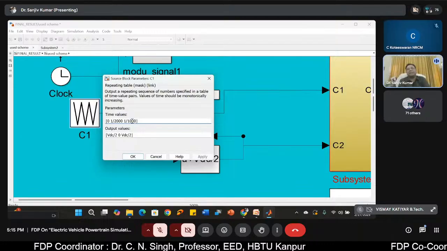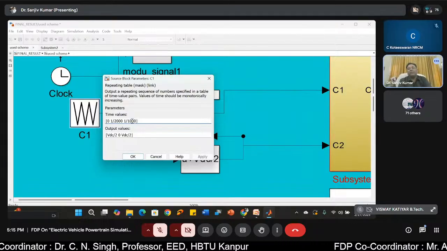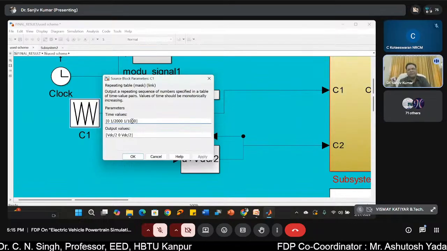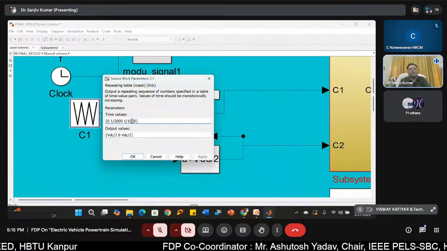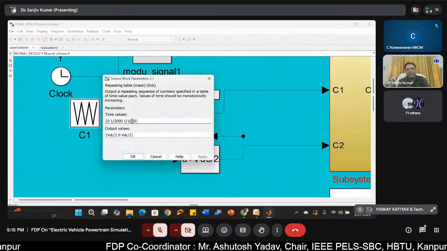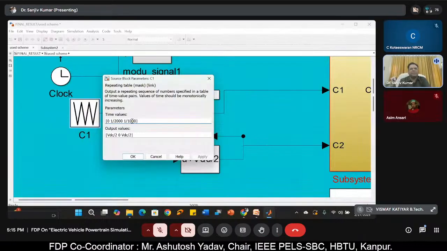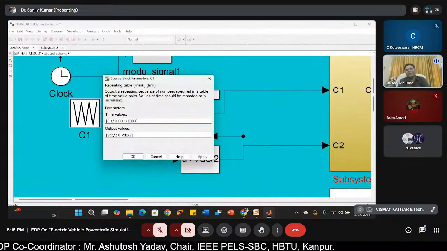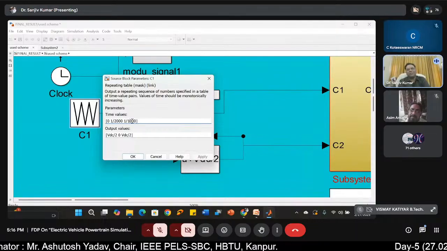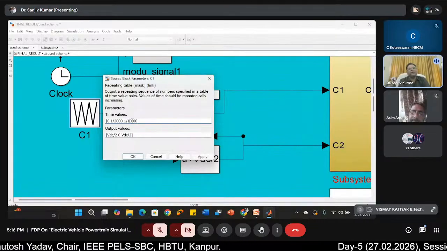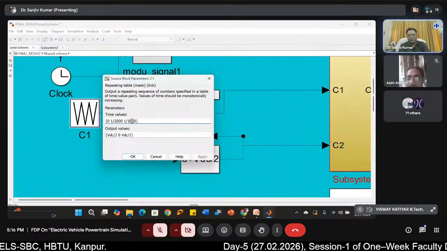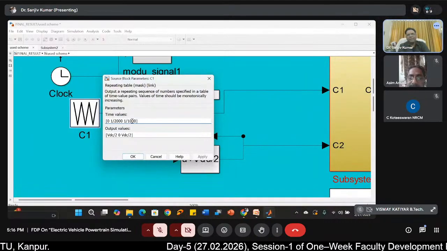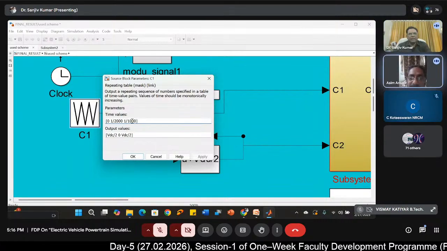That means we are generating the switching pulses with 1 kilohertz switching frequency, which is quite low. At that much frequency, you get this much THD. Of course, if you increase this frequency, you get good THD, but at the same time there are switching losses. So you should compromise between the switching losses and the quality of the output. Clear? Yeah, thank you.